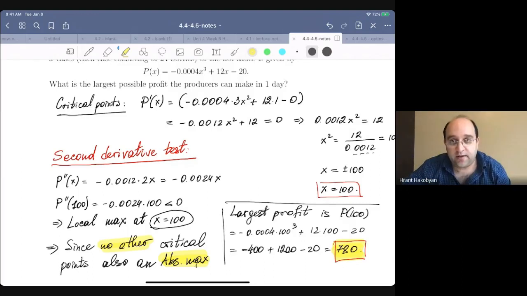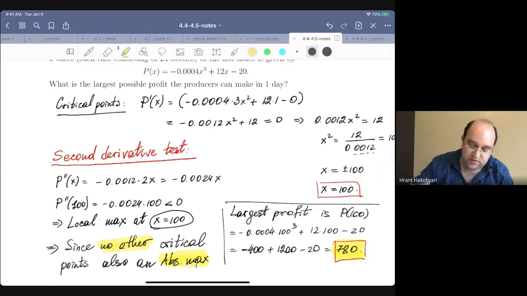Okay. Any questions about this problem? So again, we had to find the largest value of this function. The way we did it, we found the critical points. We took out of the critical points the one which makes sense, in this case x equals 100.